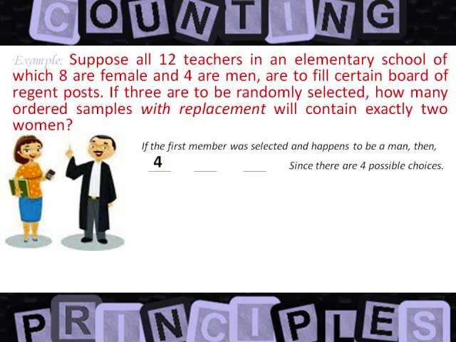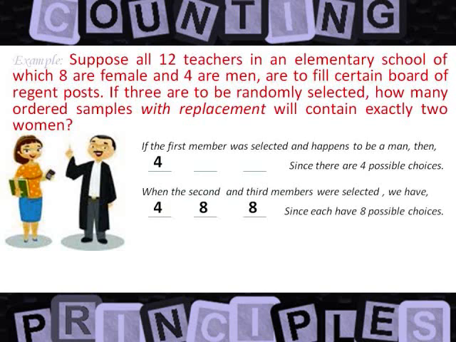If the first member was elected and happens to be a man, then we write down 4 since there are 4 possible choices. When the second and third members were selected, we have 8 each, since we are using simple random sampling with replacement, and since we require that there are exactly 2 women.